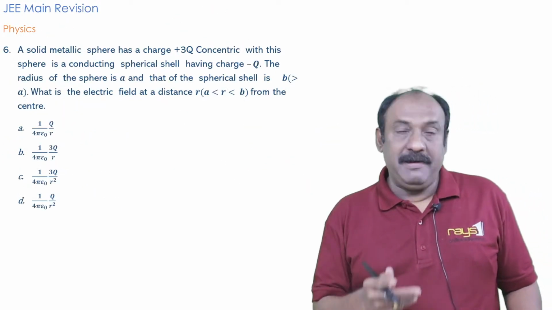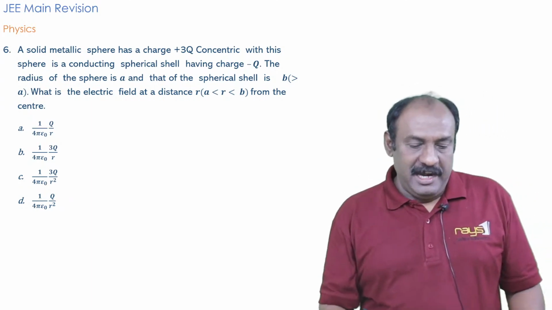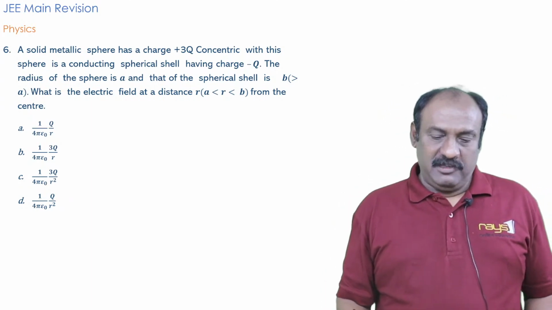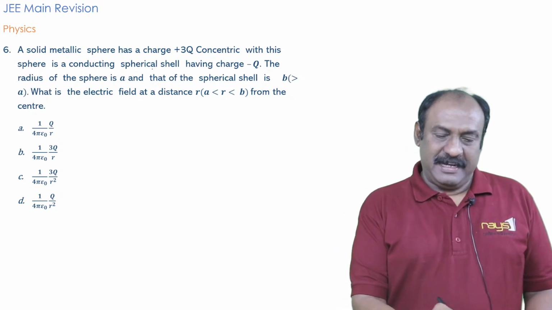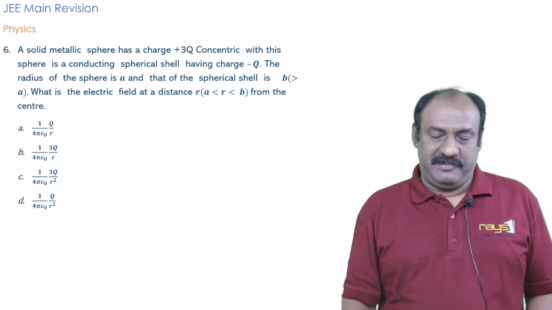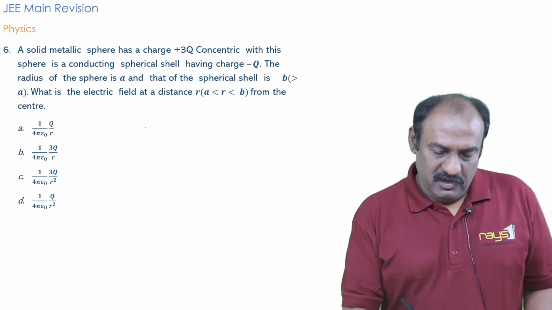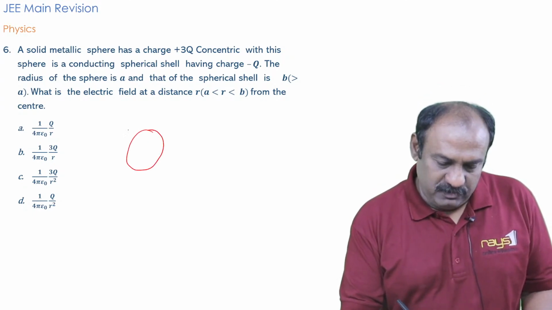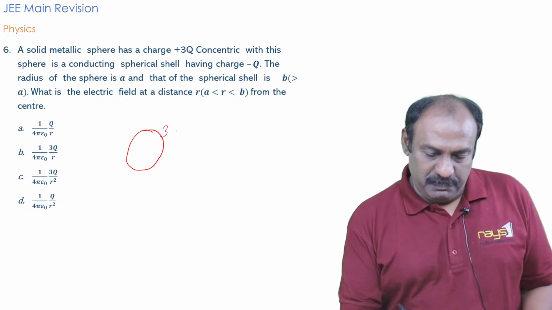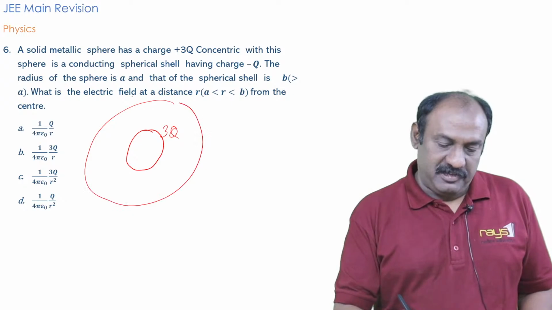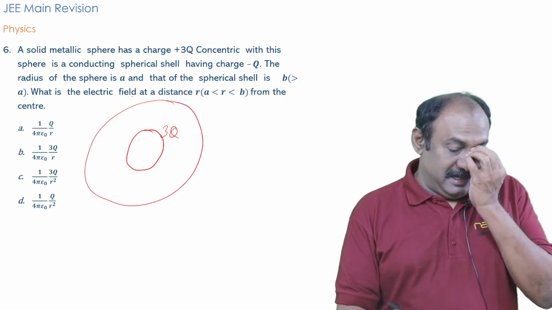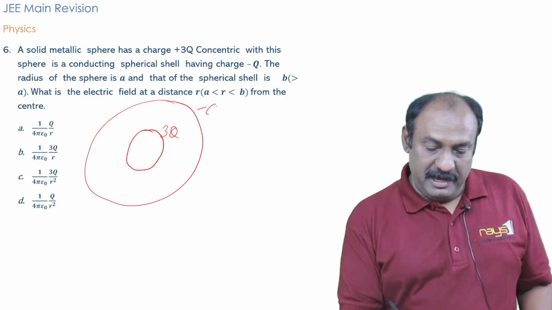Next, question number 6. A solid metallic sphere has charge 3q, concentric with it is a conducting spherical shell having charge minus q. So a solid metallic sphere has charge plus 3q and it is surrounded by a concentric spherical shell of charge minus q.